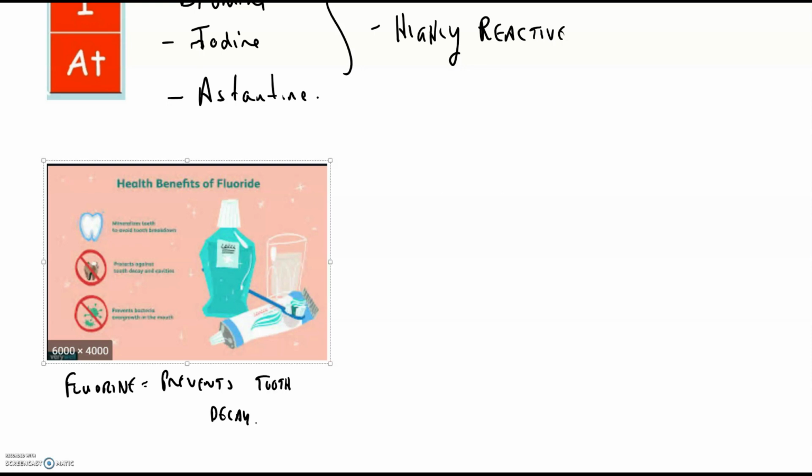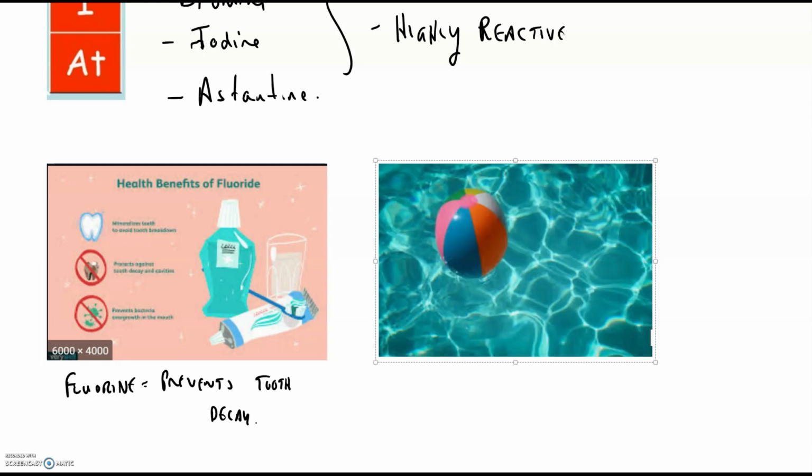Any of the others? I think you've seen a couple others. You've used chlorine if you've ever taken a swim in a pool. If you have your own pool, or if you've ever gone to a public pool, because chlorine is really good at killing the bacteria in pool water. So we use this as a disinfectant because it is really good at cleaning all that stuff out. Any other halogens that we've used before?